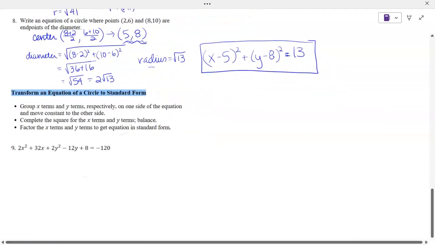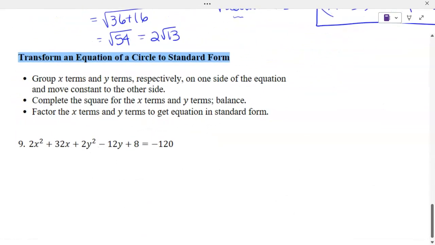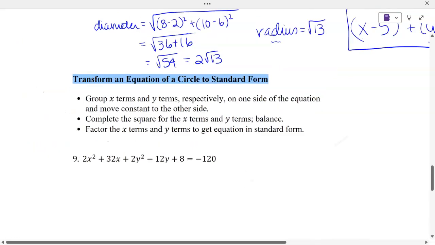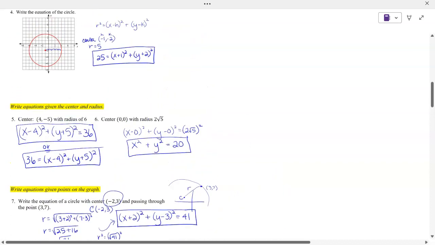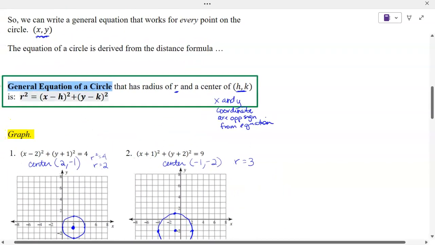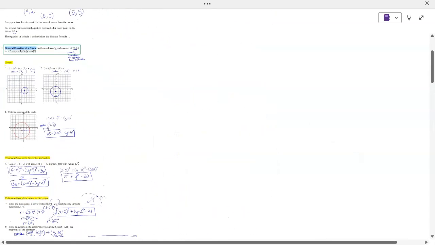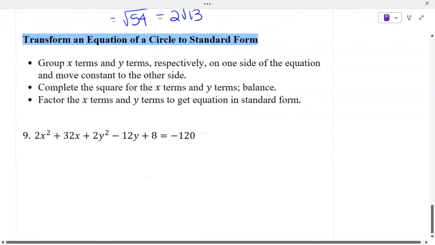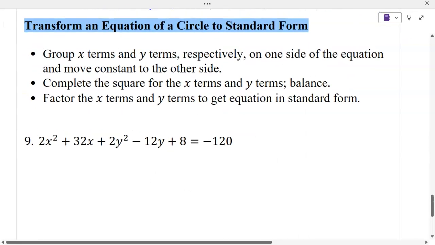So now let's talk about what happens if we're given an equation of a circle in general form and we need to get it into the standard form that we talked about earlier. And so we're going to learn how to complete the square with a circle. Now, I've outlined the steps here for what to do.